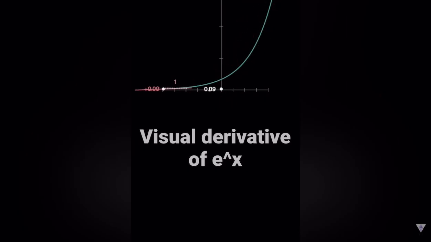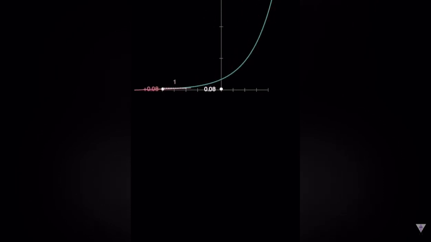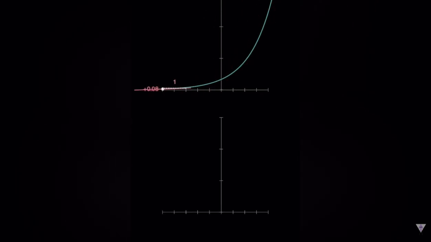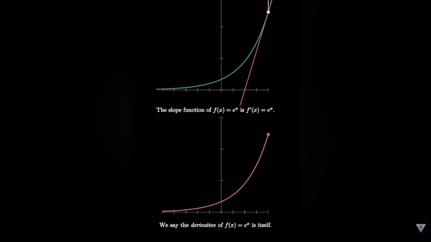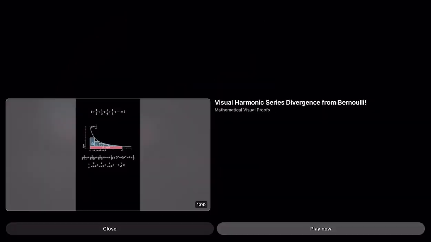If we also plot the y-coordinate of the point, we see that as the point moves along the curve, the slope of the tangent line actually equals the y value. We can take this one step further, where we plot a new graph on a new set of axes. Here the y value will be the slope of the tangent line from the first graph. As we move the point along the curve, we map out this graph. The function f of x equals e to the x is a special function because its derivative, or its slope function f prime of x, is also e to the x.